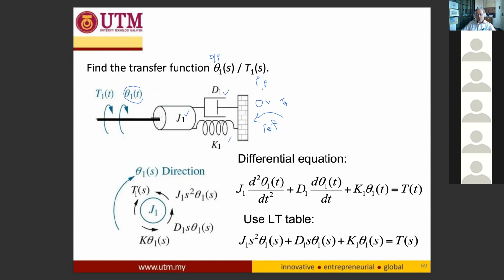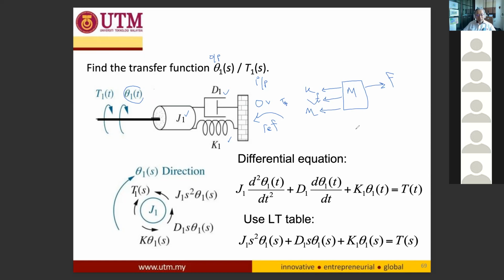So this simple rotational mechanical system can be represented by a free body diagram, similar to the mass, spring, and damper. If you still remember, you have a mass, then a force, the spring force, the damper force FV, and the mass itself. But that is for the mechanical system.